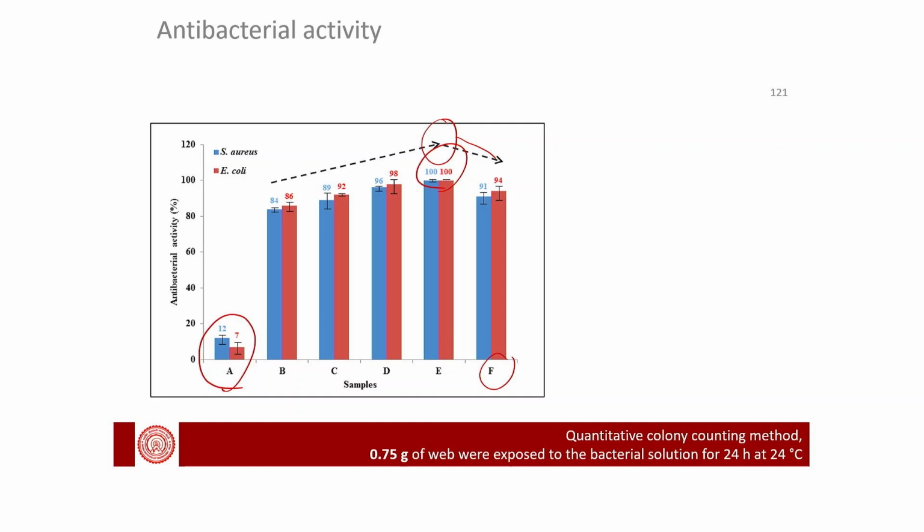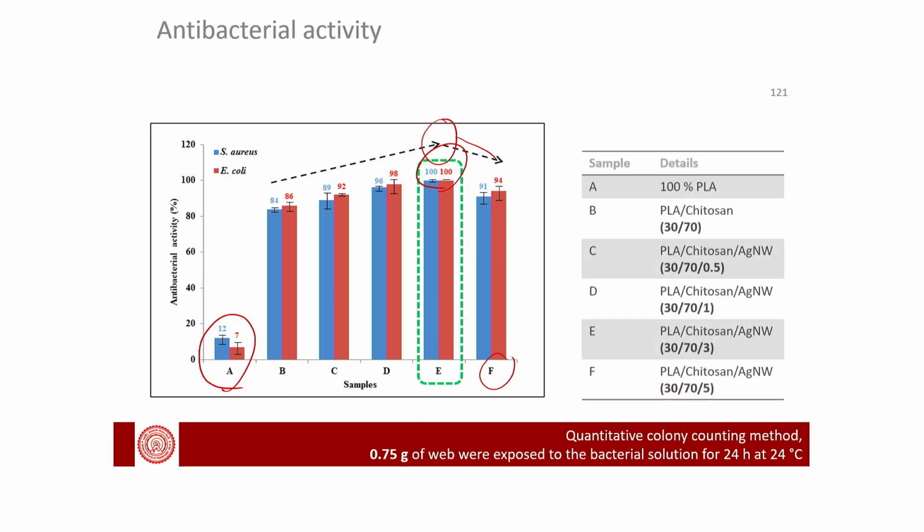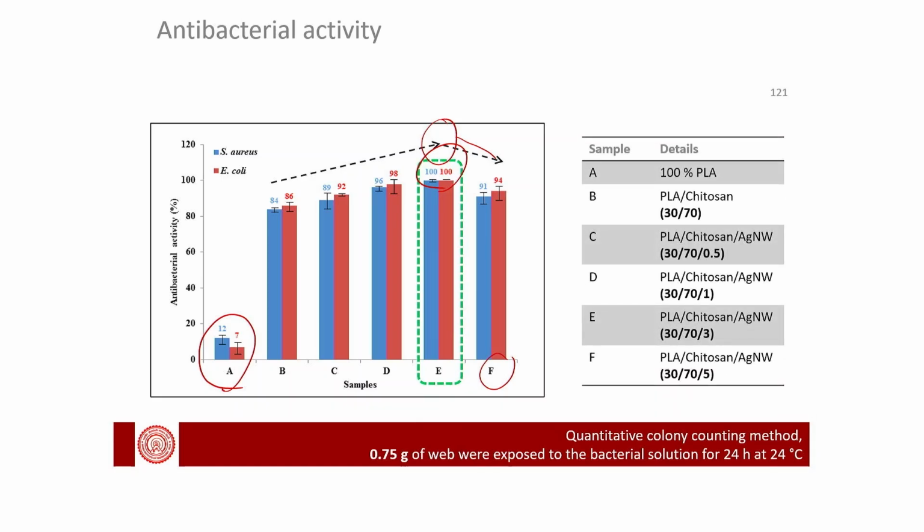Now, let us see what these sample combinations are. You can see A is 100% PLA, as I have mentioned, it does not have any antibacterial activity, it is very low, and when we increase this, 30-70 was our optimum proportion for proper electrospinning.